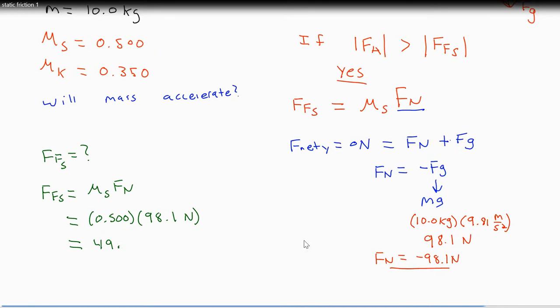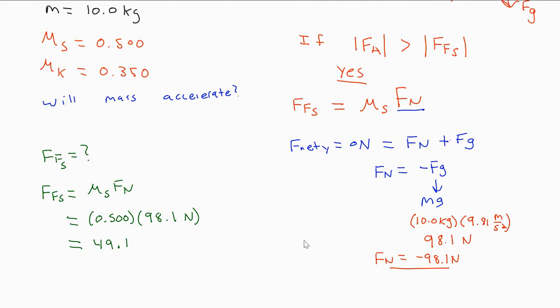When I plug in my values, I find that I get 49.05, but because we are dealing with significant figures, I'm going to get 49.1 newtons, and that's going to be my value of static friction. In this case, that 49.1 newtons is greater than our applied force.